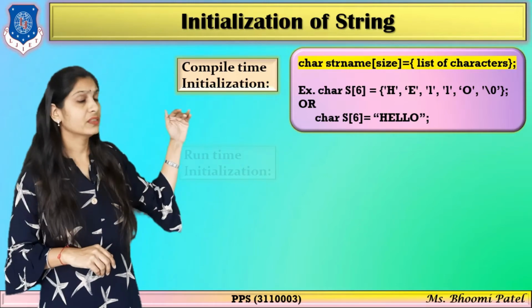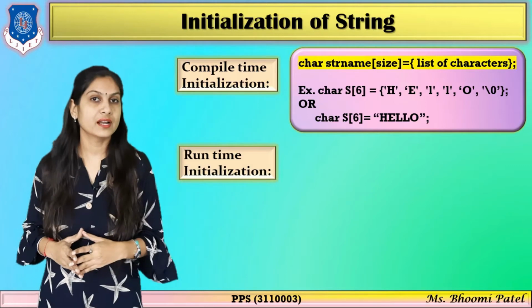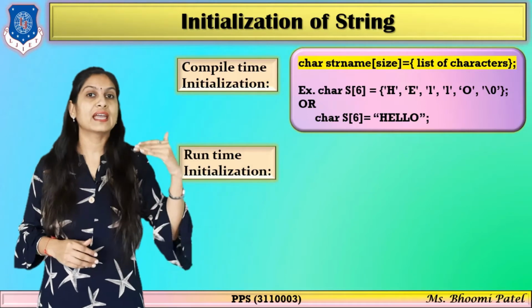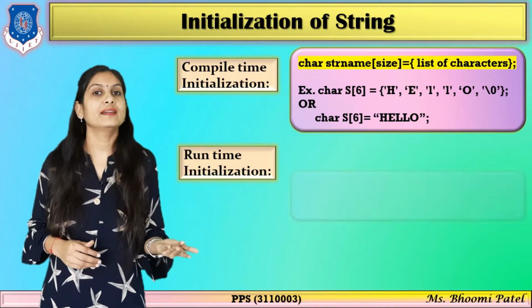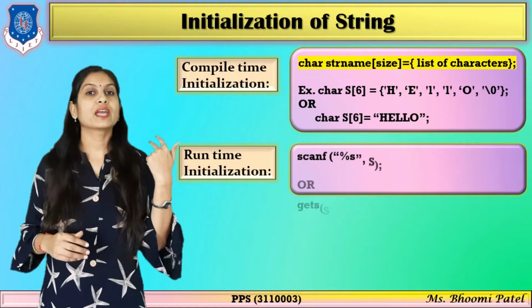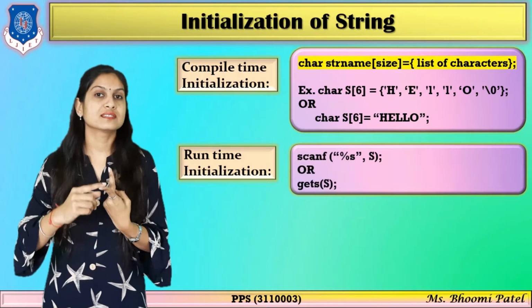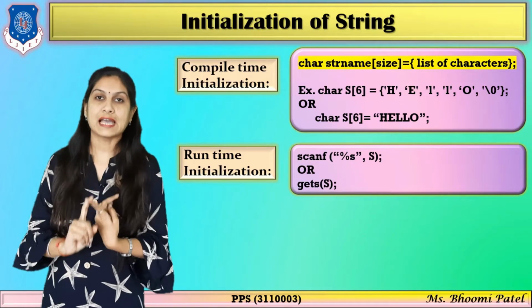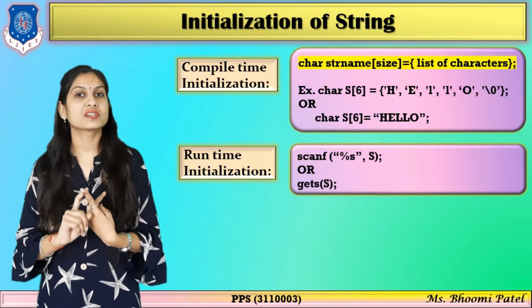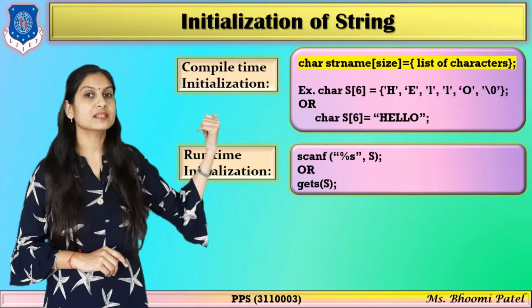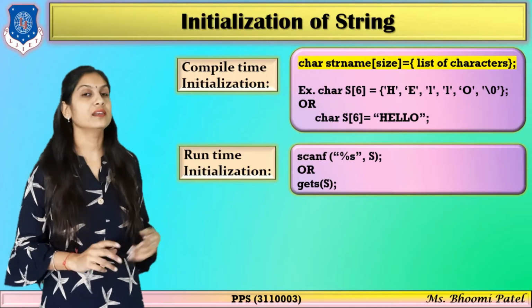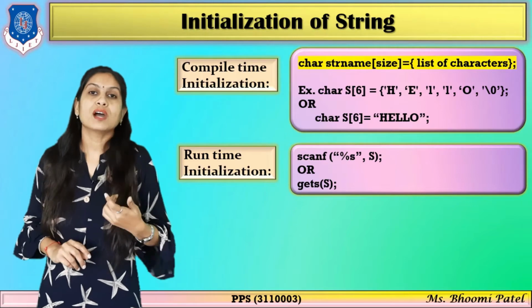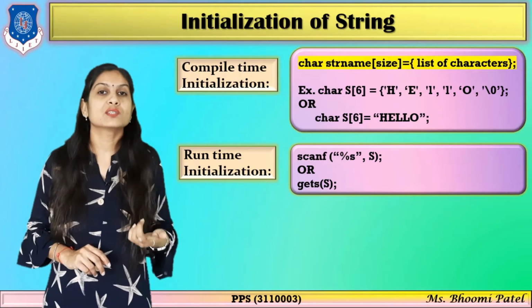Clear? Now the second one is runtime initialization, where we assign the value at runtime. For that you can use two of them, first is scanf and second is gets. When you are using the scanf function, the control string is %s for a string and then the string name. And scanf has one drawback.